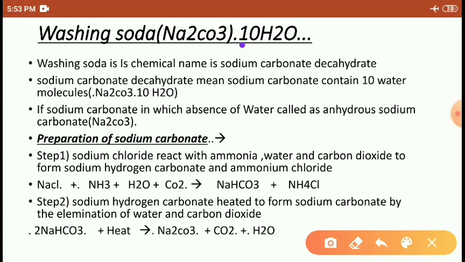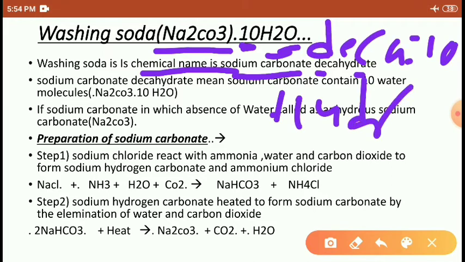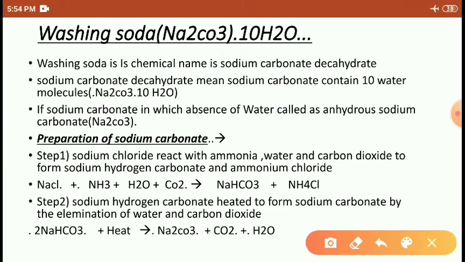So washing soda chemical name is sodium carbonate. This is sodium carbonate decahydrate. Deca means 10, hydrate means H2O, right? So here we are using the 10H2O, that is called decahydrate.